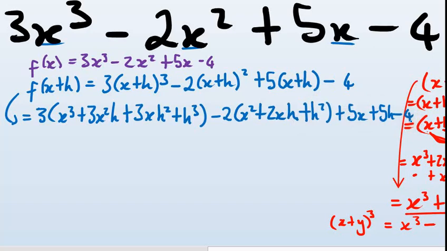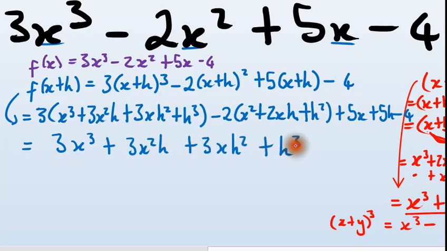Shall we go to our notation? Yes, why not? This will give you 3 of x cubed plus 3 of x squared h plus 3 of xh squared plus h cubed.